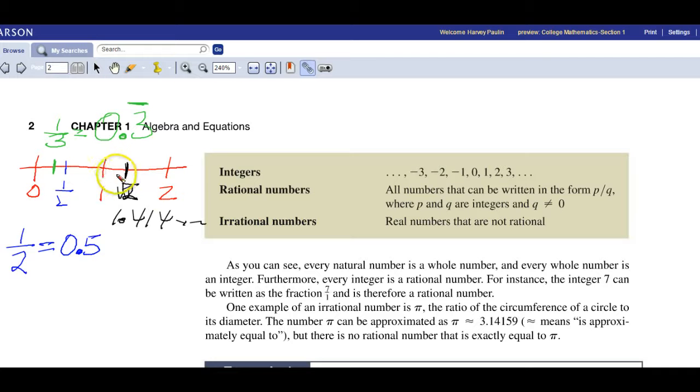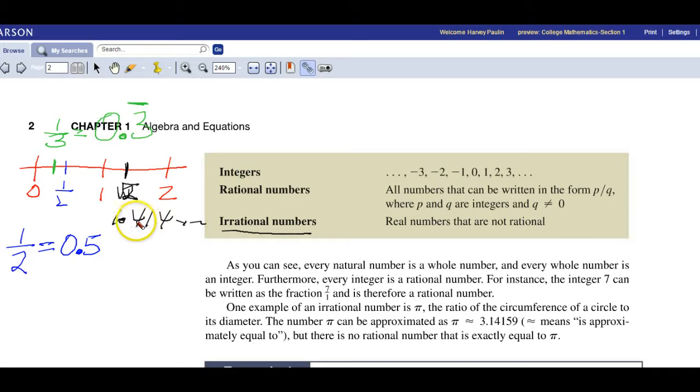Well, this type of number makes up the next set, and that is irrational numbers. Now, rational numbers then, we said, are all of the numbers we've talked about, the counting numbers, the whole numbers, the integers, these fractions between the integers, as long as they terminated or had a repeating pattern.